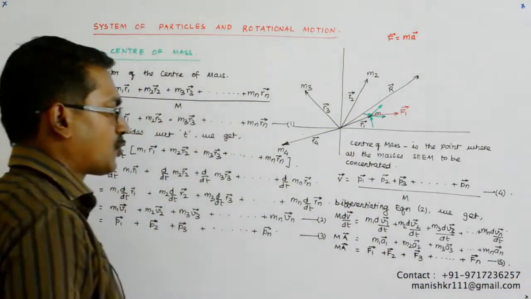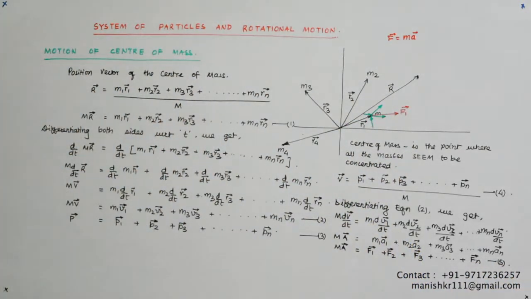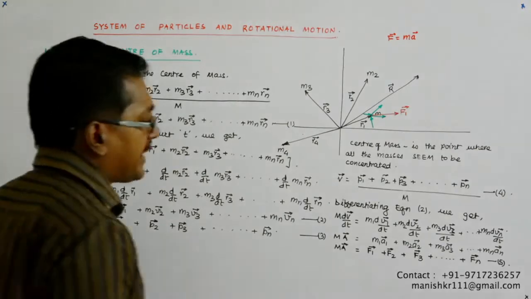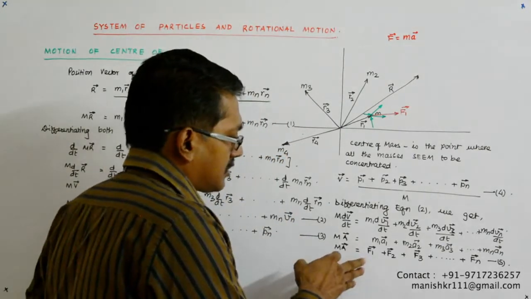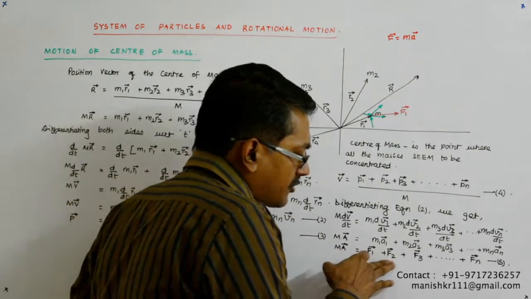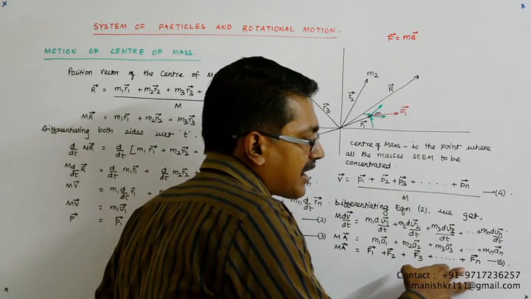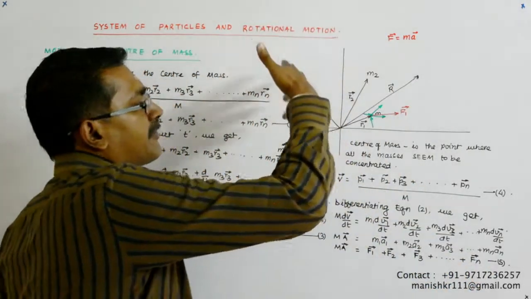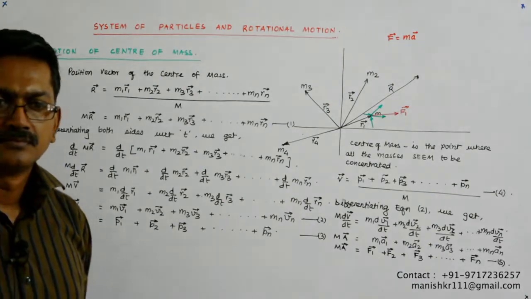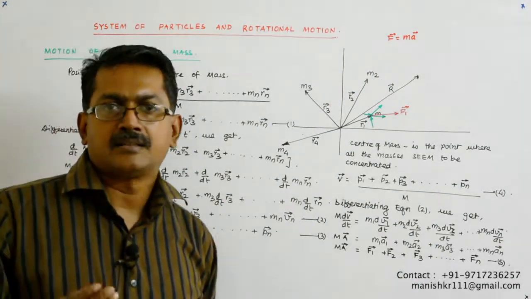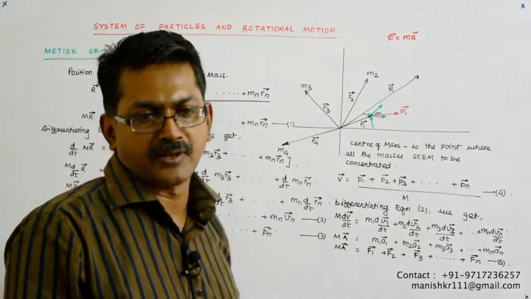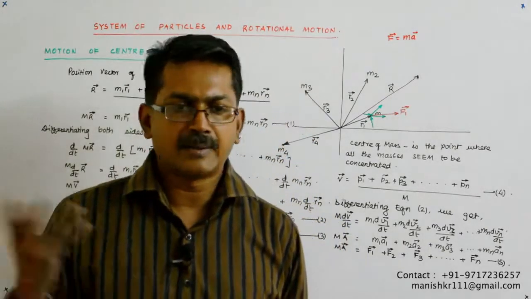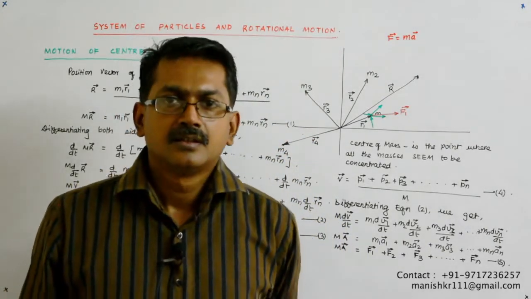Now this equation becomes very, very significant. Why? What does it tell me? It tells me, look, these are so many forces which are acting at different points, at the point where M1 is located, at the point where M2, M3, M4, Mn are located.